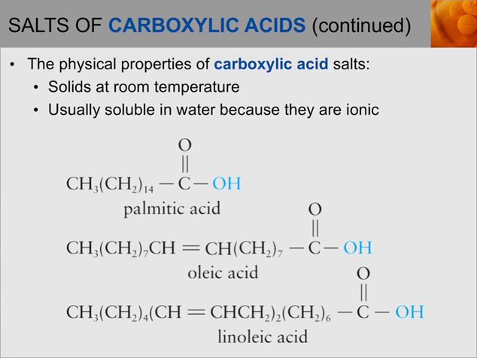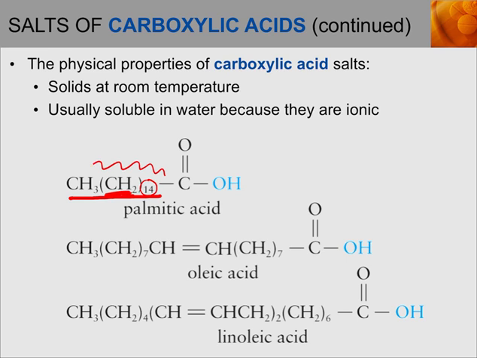Now, down below, these aren't the carboxylic acid salts, they're the original carboxylic acids. But notice that these examples have a ton of carbons and hydrogens attached. So for instance, we have 14 of these CH2 groups, and then at the end we would have a CH3.